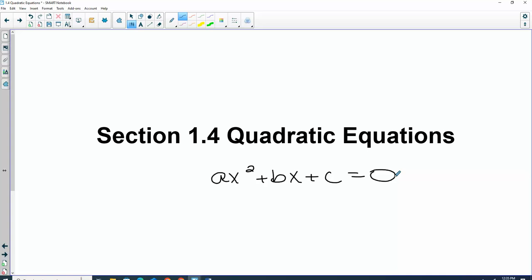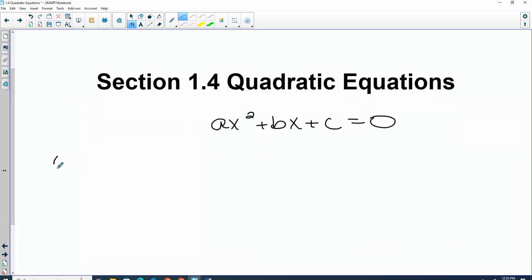And the first types of quadratics you guys solved, you were really just factoring. And once you factored, we used what was called the zero product property. Now, if I have a quadratic, let's say x minus 1 times x plus 3 equals 0, we know that the only way we can get 0 as an answer to a multiplication problem is if one of those two things was 0. Okay, so that's your zero factor property.